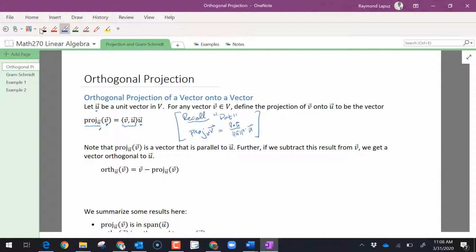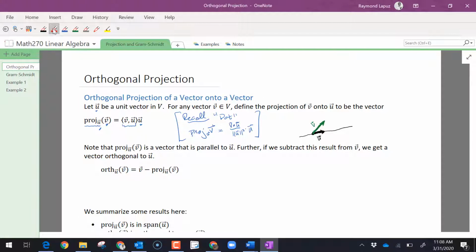Now geometrically, what we see, if you remember, is a u vector, whether it's a unit vector or not, and then there's a v vector. So this is your v vector, and your unit vector here is just a vector, but we really can look at it as the span or a line.